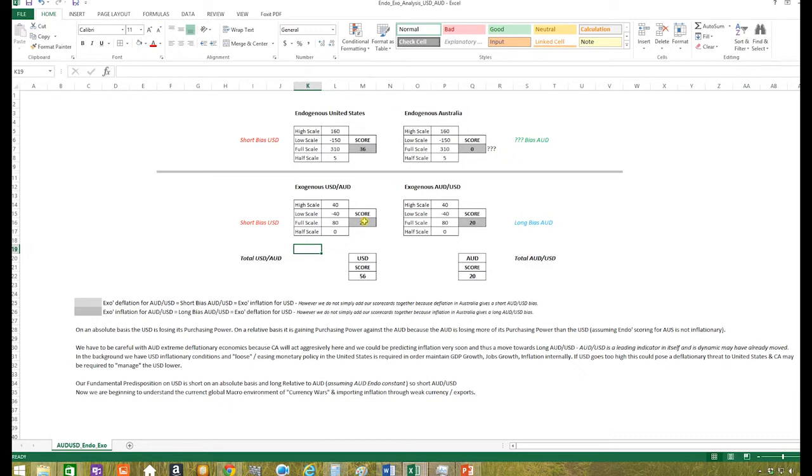What we've got is a positive contribution to our overall analysis, meaning we have a short bias, and whether our endogenous analysis is a long or short bias, our dynamic relativity principle means by default that we're going to get a positive score contributing to the overall analysis. So again, we don't just simply add up our scorecards and say this is 56 out of 200.